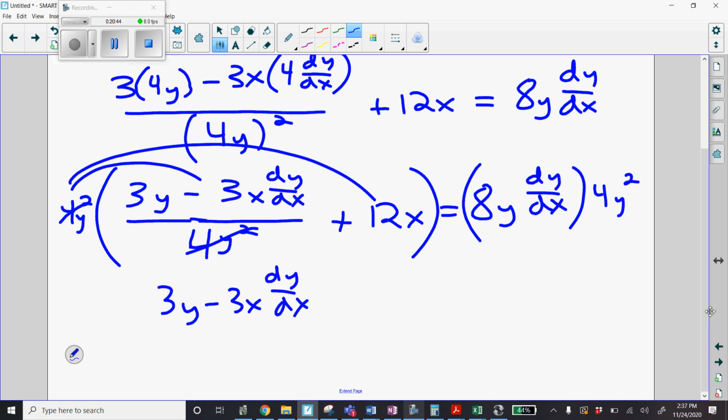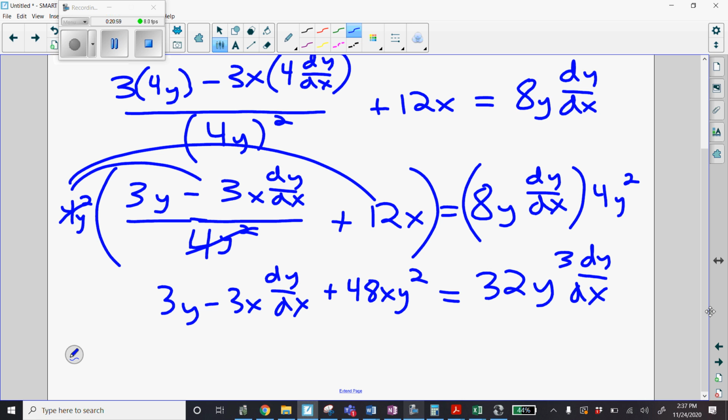Multiplying it by the second one gives me a 48xy squared equals 32y cubed dy/dx. Okay. So this can be a little bit tedious to do, but doable nonetheless.